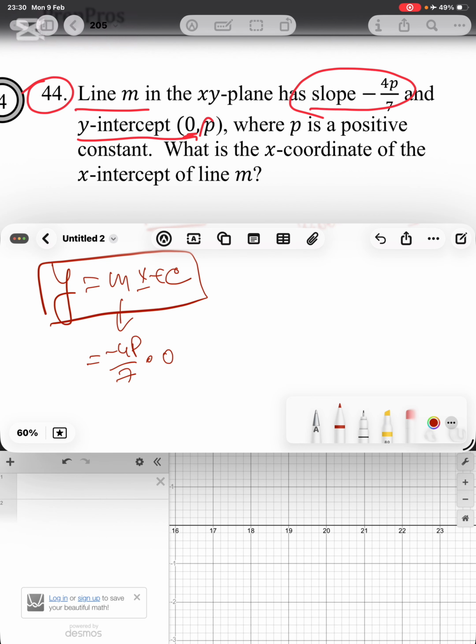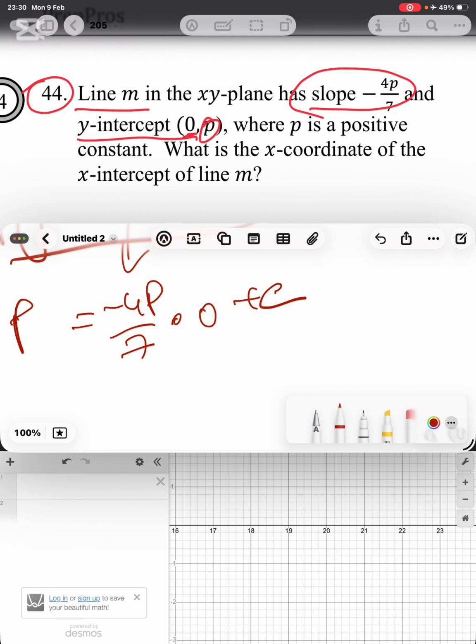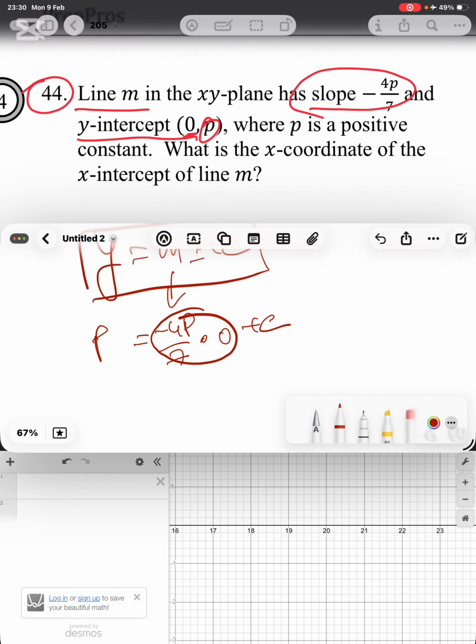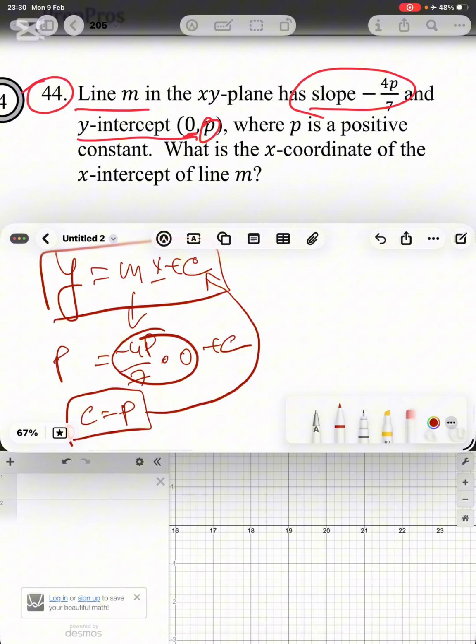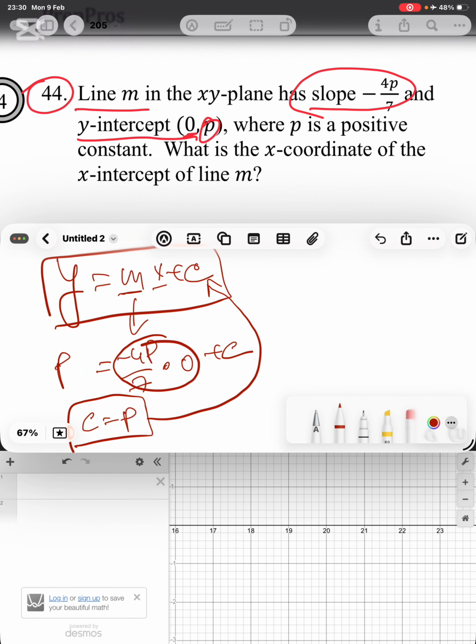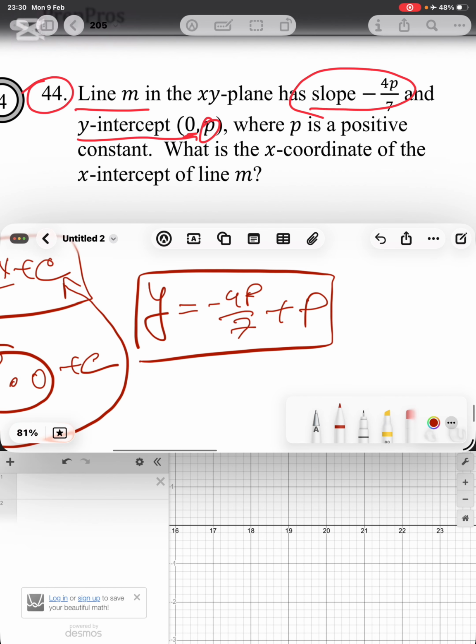Instead of y, we have to insert what? P, so p equals c. We know that when you multiply any expression by 0, it gives 0. Then the value of c is going to be what? P then. So now let's insert them here and the slope here. The equation of a line is going to be minus 4p divided by 7 x plus what? P should be written at this point.